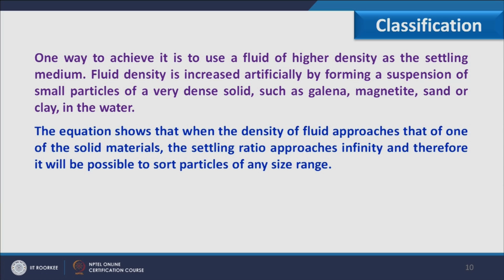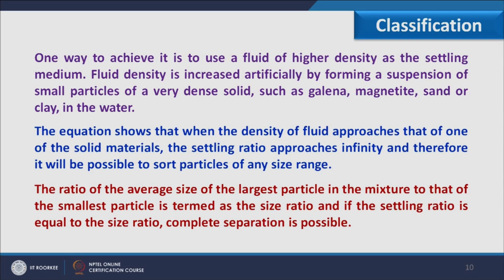So, we can change the density of the fluid media so that the settling ratio can be changed. The equation shows that when the density of the fluid approaches that of the solid material, the settling ratio approaches infinite and therefore, it is possible to sort particles of any size range.